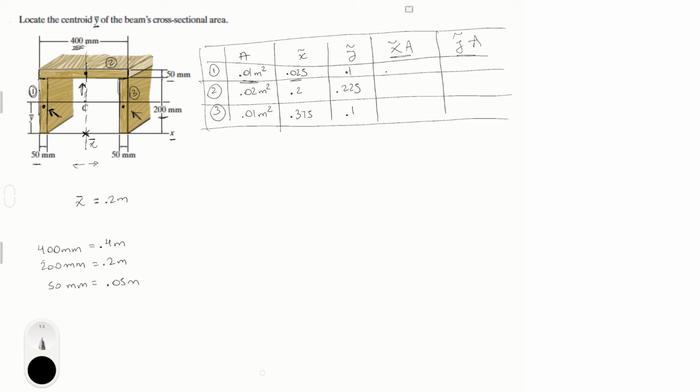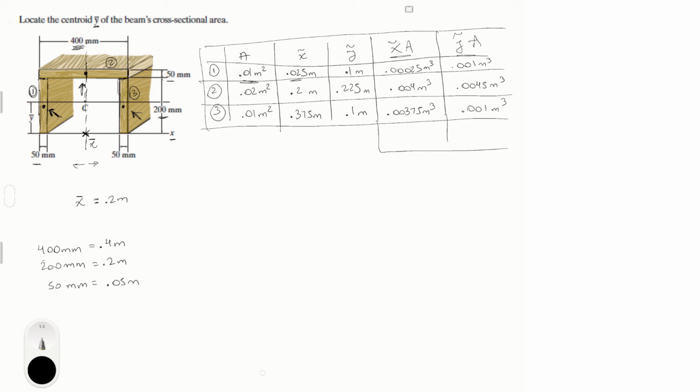So the first one is 0.00025. Remember, this is in meters cubed because this is meters squared and this is in meters. The Y is 0.001 meters cubed. This one's 0.004 meters cubed and 0.0045 meters cubed, 0.00375 meters cubed, and 0.001 meters cubed.